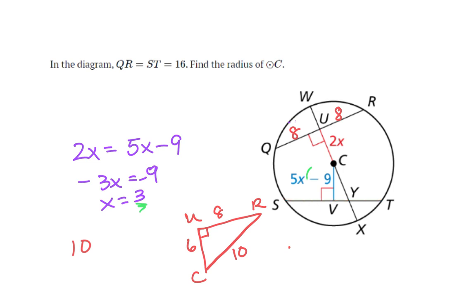But we do know, because those two chords are congruent, that their distances away from the center would be congruent. So this 2x is the same as this. We can then solve for x. Then we can find this length, and then add in the radius, and that would give us the radius by a little bit of Pythag.